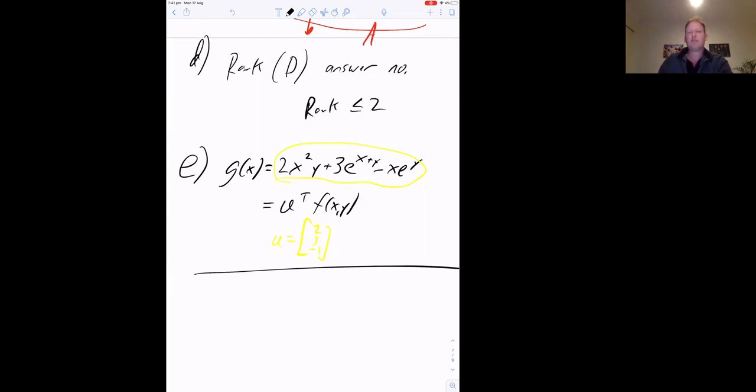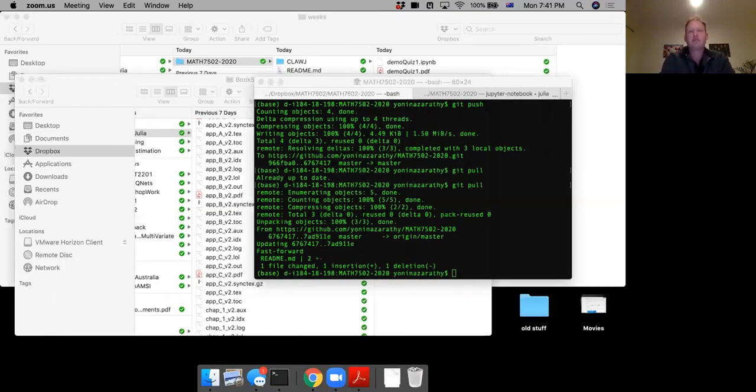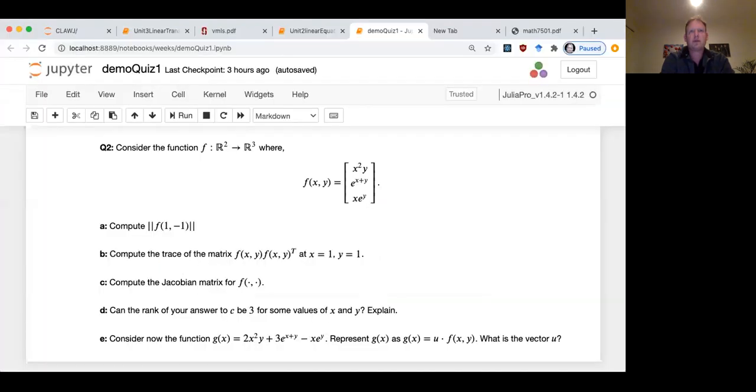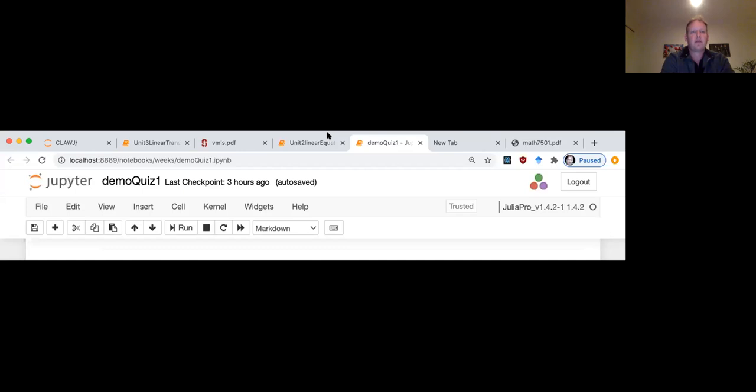That was this super fast unit on a bit of multivariable calculus. Sorry, let me share the Google Chrome. And we'll go to the next file once I can get it in business.